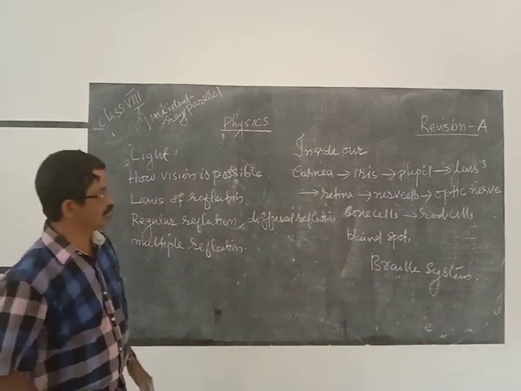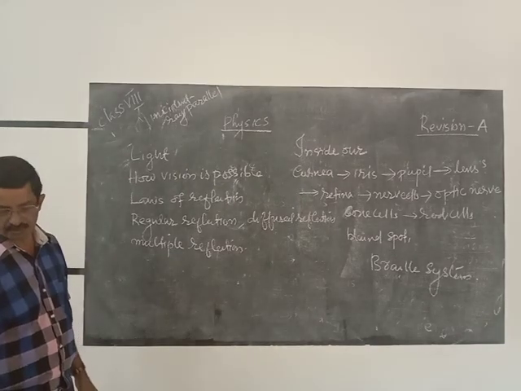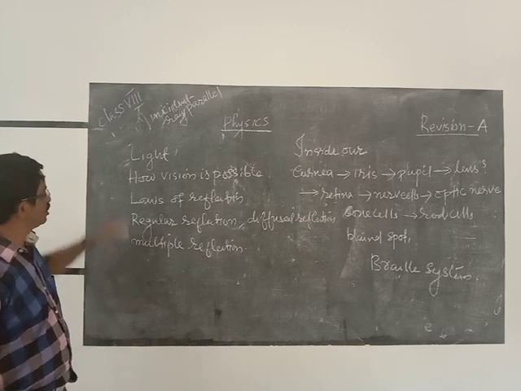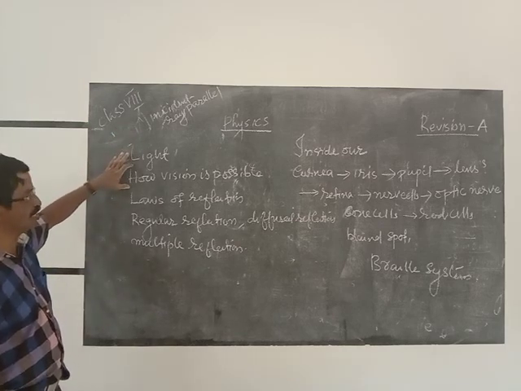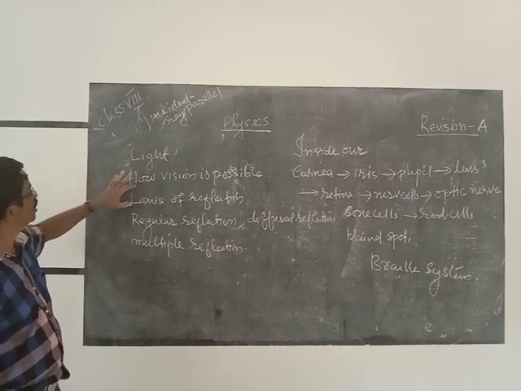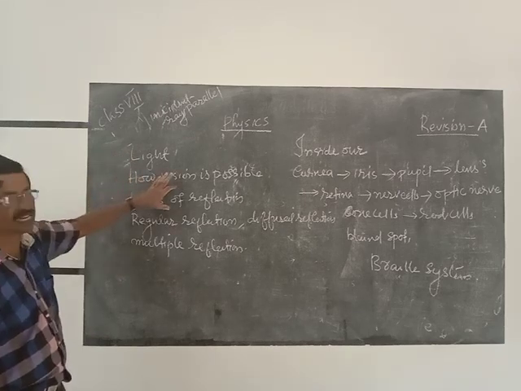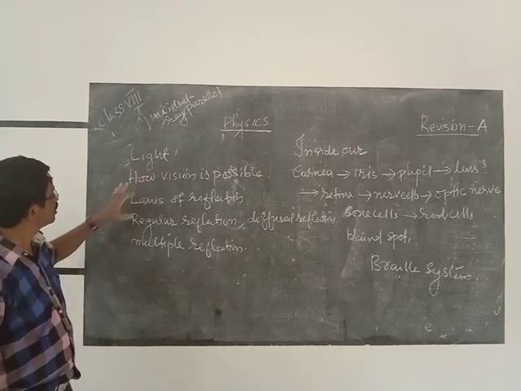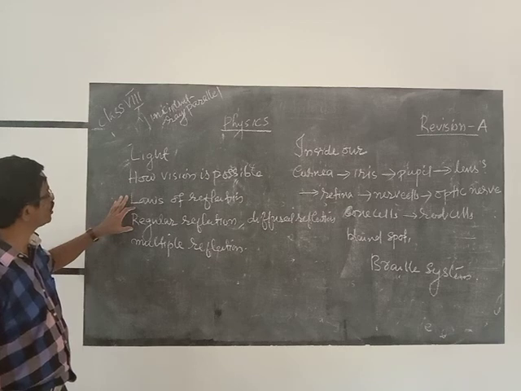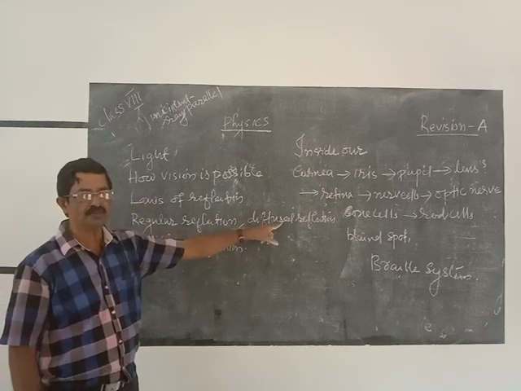These are the points you want to remember from this unit. First of all, light, then how vision is possible, then laws of reflection. You want to remember incident ray, reflected ray, angle of incidence, angle of reflection. Then there are two types of reflection: regular reflection and diffused reflection.